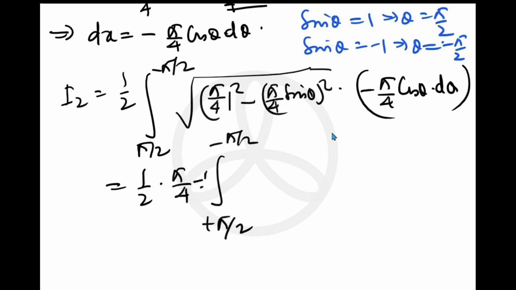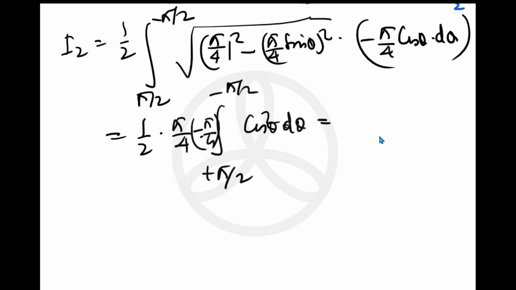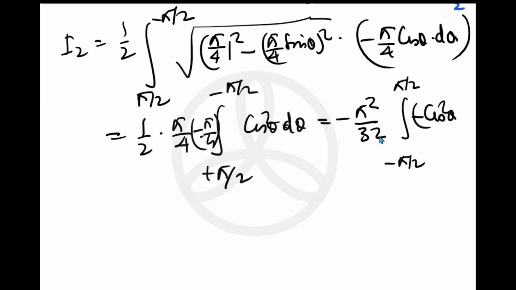I can write minus pi by 4 in multiple here, and this will become cos square theta d theta. This is pi square by 32, and if I reverse the order, the sign will also change. I will reverse the order and make it minus pi by 2 to pi by 2. This will become minus cos square theta d theta, or pi square by 32.